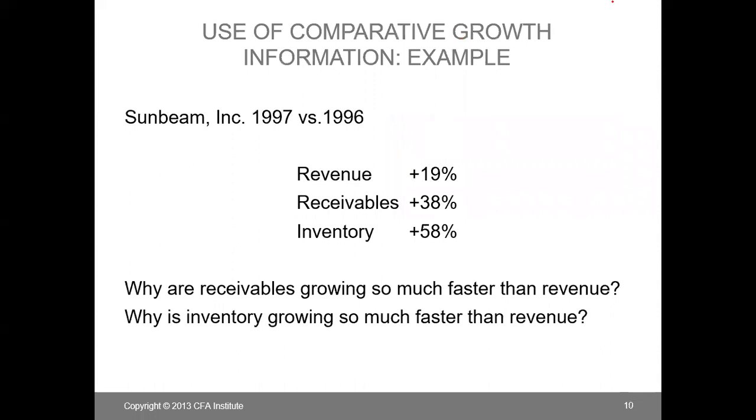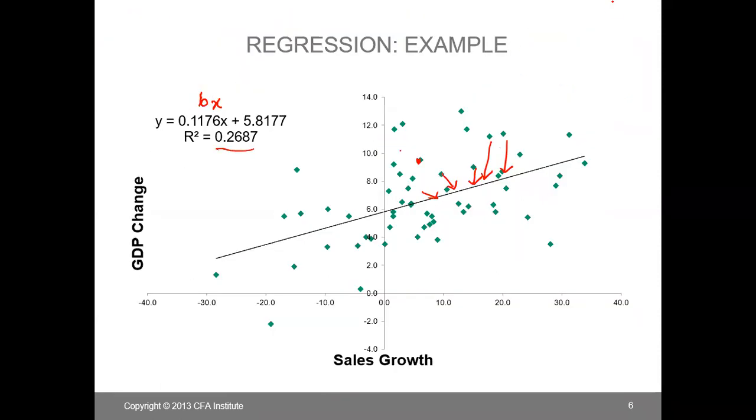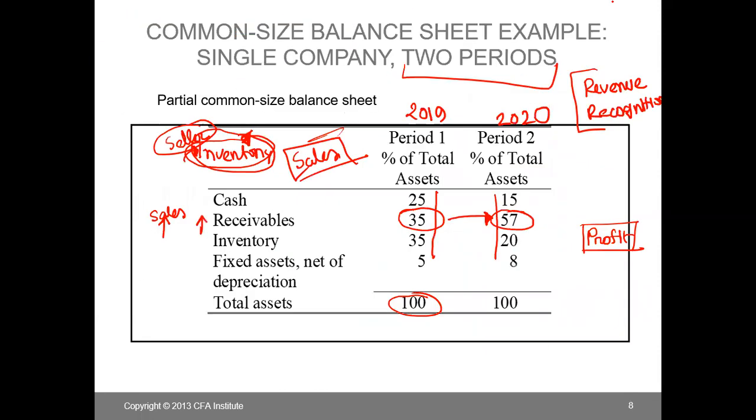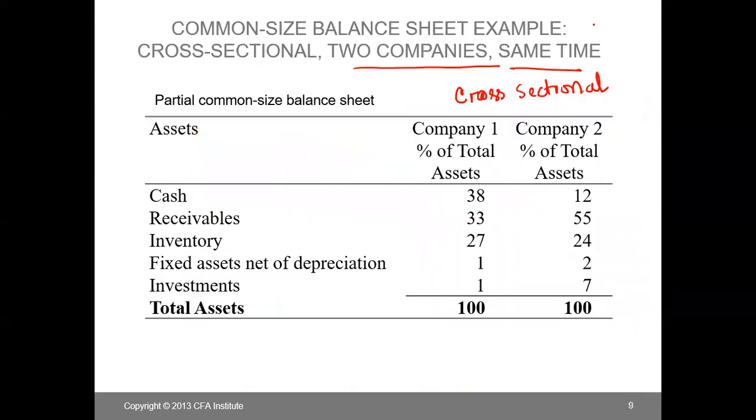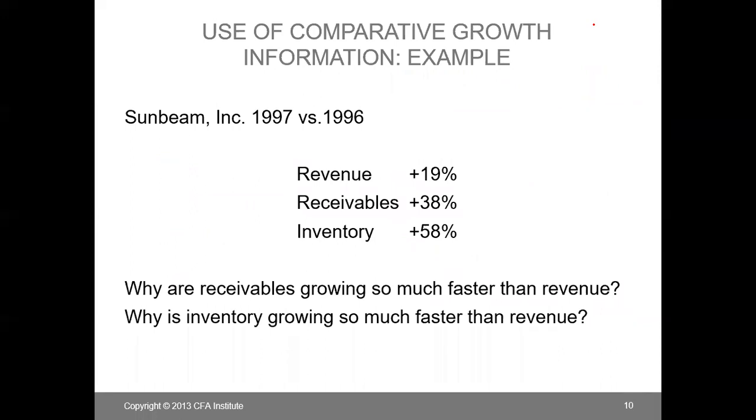And this is also part of the time series analysis, when you are comparing the financials from time to time. So if you see that from 1996 to 1997, the revenue for the Sunbeam company has grown by 19% and receivables have grown by 38%.